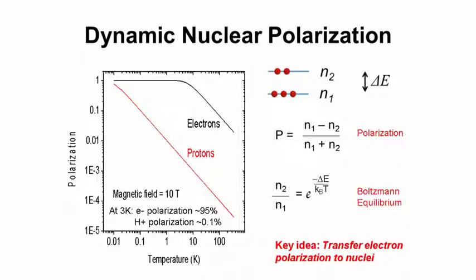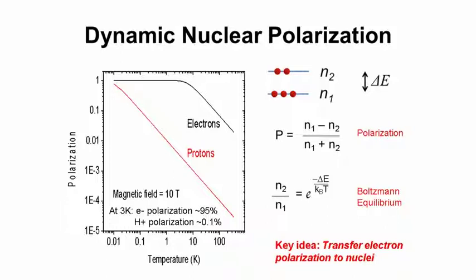This is the population in the different energy states, N2 being the high energy state, N1 being the lower energy state. And the polarization is just the difference between the two divided by the sum of the two. And so there is a Boltzmann equilibrium that's dictated by temperature and energy differences. But if you keep the temperature down, then obviously you can increase the level of N2 over N1.